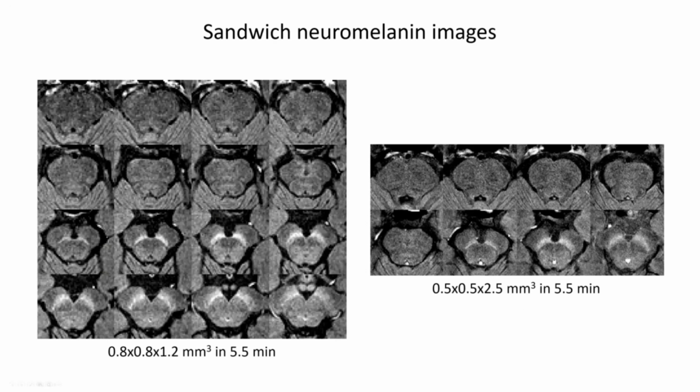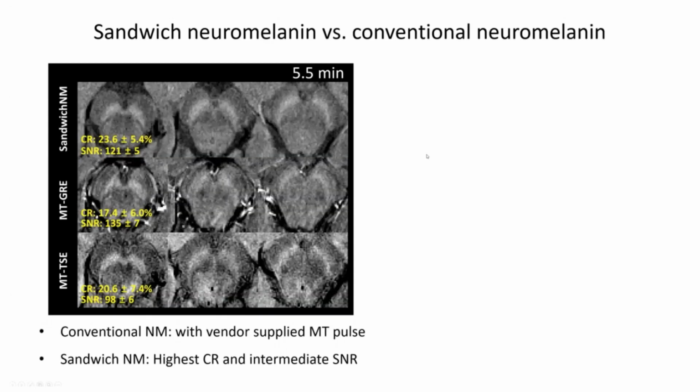And if you compare this technique to other, conventional neuromelanin imaging techniques, we can see that the result of our sandwich neuromelanin is higher in terms of its CN contrast ratio, and it gives reasonably high SNR, so that you can use it for the detection of the volume or contrast.